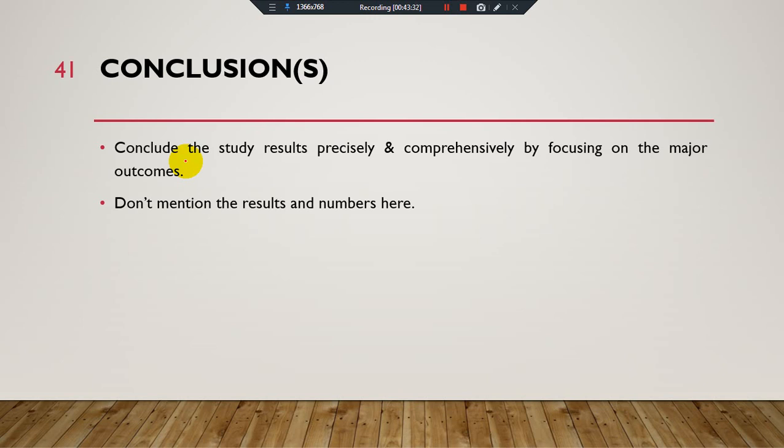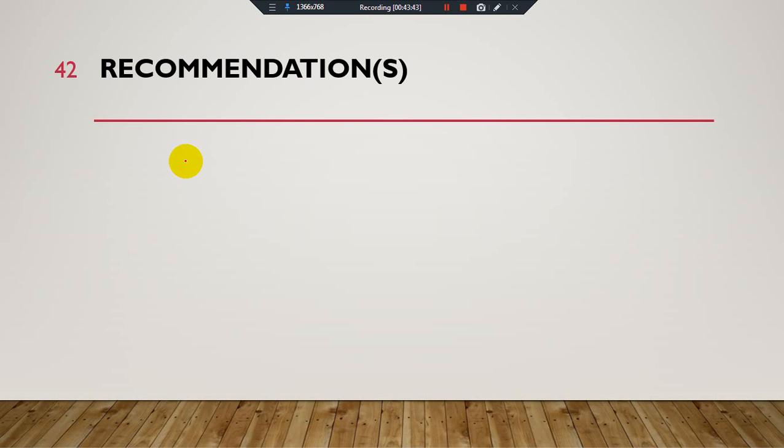Normally different universities or different supervisors require a specific number of words for the conclusion. Recommendations: write a recommendation based on the results and conclusions. Keep in mind there are a number of scholars or students who write recommendations or policy suggestions without any aim, and they include all such relevant and irrelevant information which they think impacts the dependent variable, but actually they have not used those variables in their analysis.